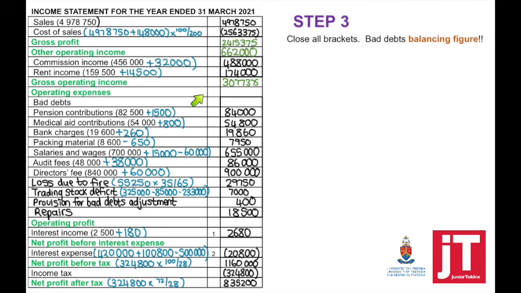Reminder, I cannot solve the operating expenses because bad debts still has a missing figure. This means we need to start now at the bottom. What can we solve?